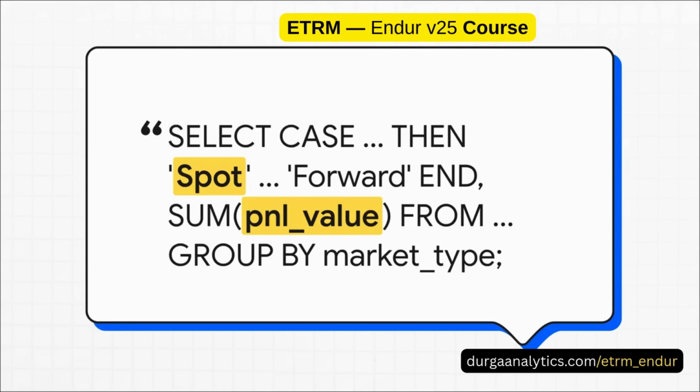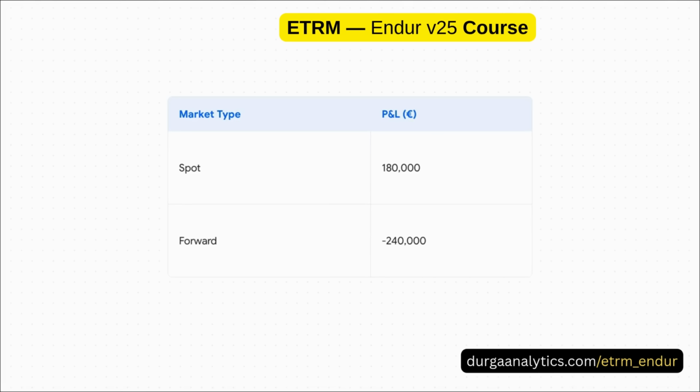The key takeaway is understanding what this query does. It's joining your P&L data with your transaction data, and then using a simple case statement on the delivery type to group all your P&L by either spot or forward. This is a seriously powerful and must-have tool for your reporting toolkit. And when you run a query like that, the results can be incredibly revealing.